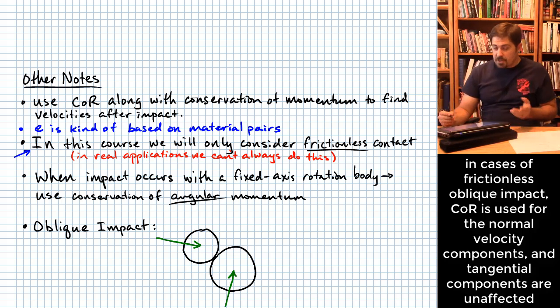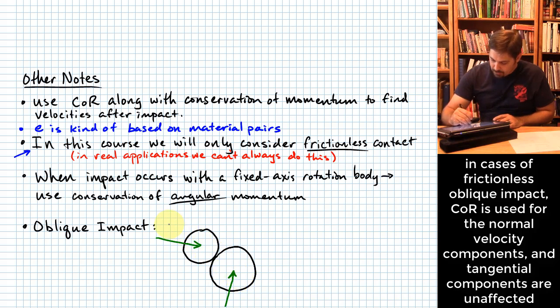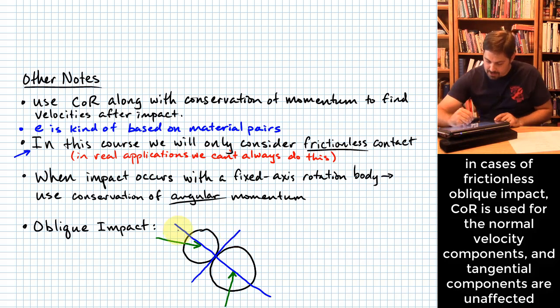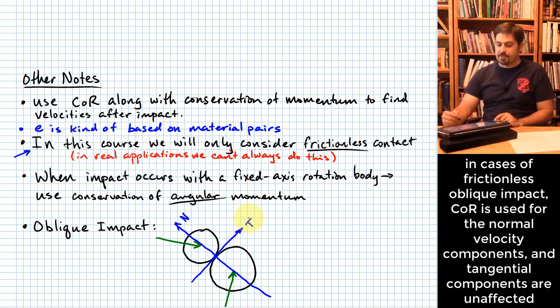When we have a situation like this, the way it should be handled is to, first of all, define this line of impact, and this is the plane of impact between these two things. So you set up a coordinate system like this, and I often label this as a normal direction, for instance, and maybe a tangential direction like this.